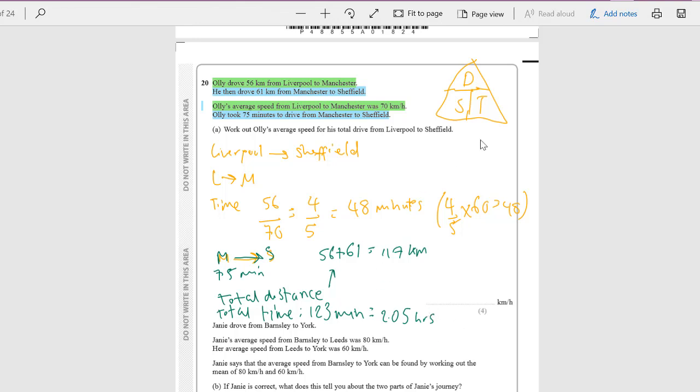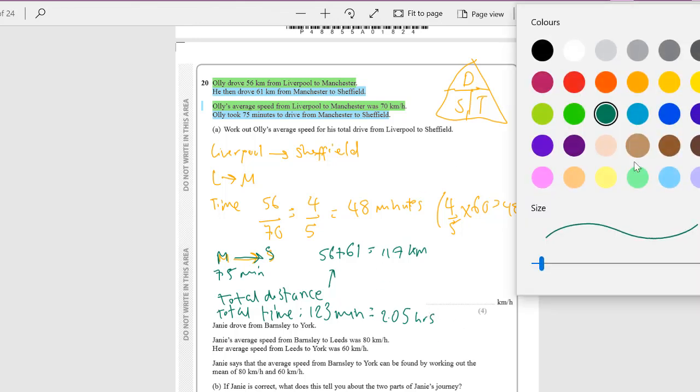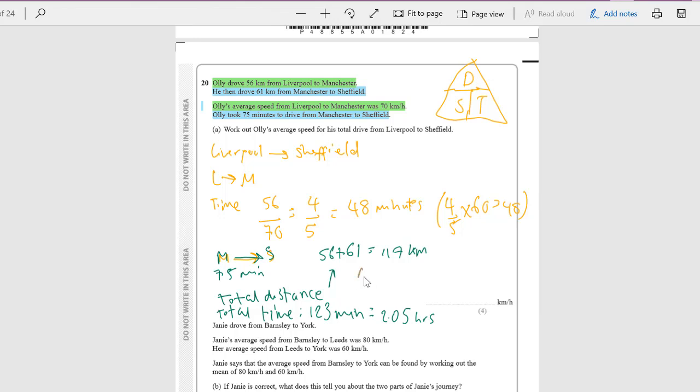So the average speed was 117 divided by 2.05, which is 57.07, and so forth. So if we round to two significant figures, we get 57 kilometers per hour.